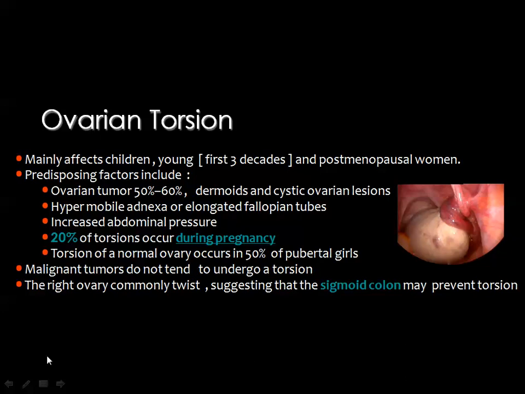Then malignant tumors do not tend to undergo torsion, of course, because of the invasion and the infiltration of the surrounding, making the ovary immobile. Then the right ovary is a common site for torsion, and it is suggested in the literature that the sigmoid colon may have a role in preventing torsion of the left ovary.